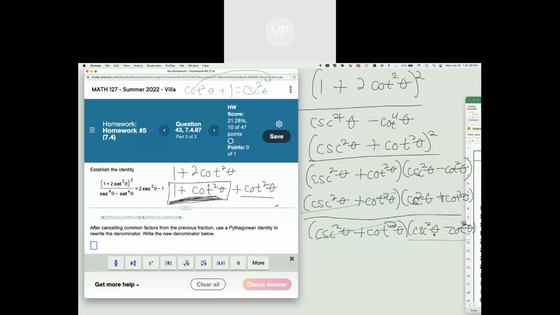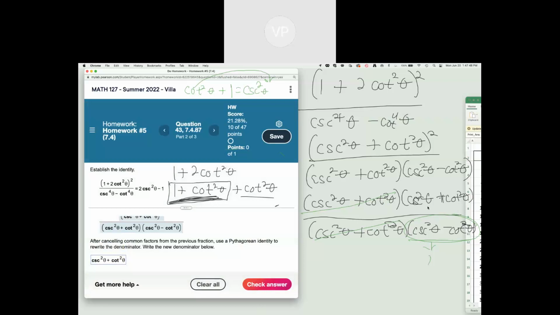I can subtract the cotangent over here, and you notice it'll look exactly like that. That's going to be the number 1. So what that'll give me is just that numerator, cosecant squared theta plus cotangent squared theta.